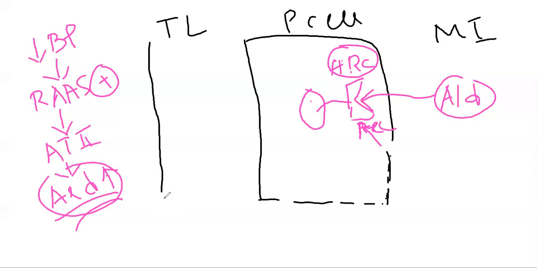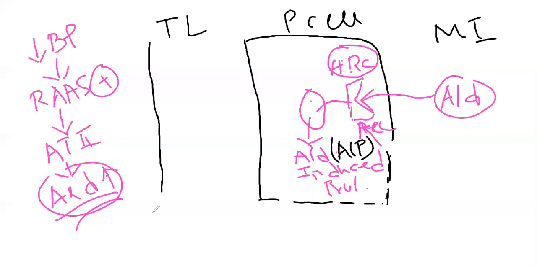Together these interact with each other, and finally via the transcription and translation process there will be production of a specialized protein known as the aldosterone induced protein, or simply AIP.